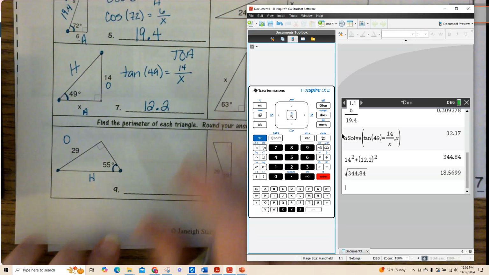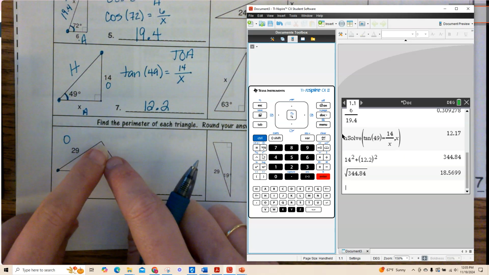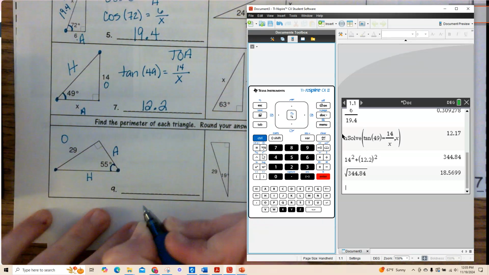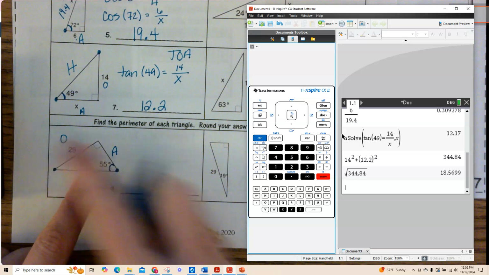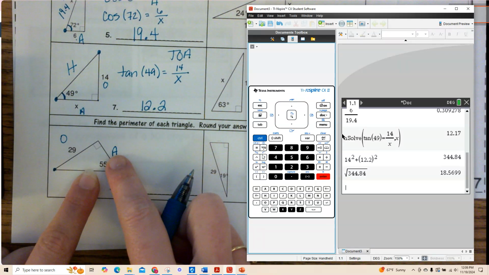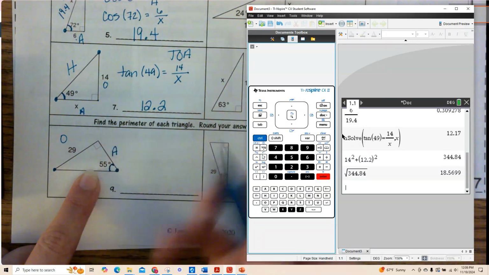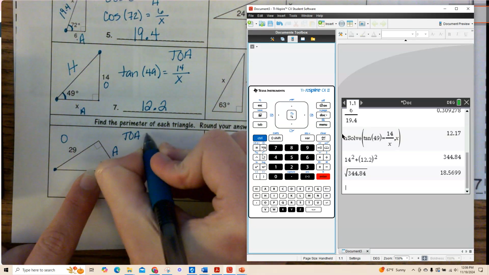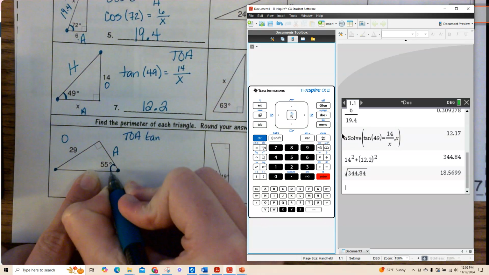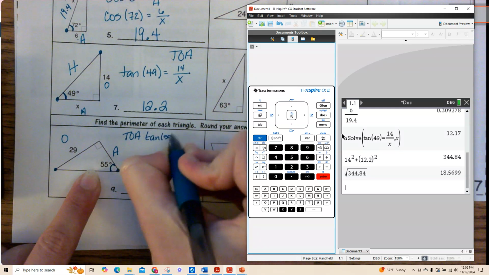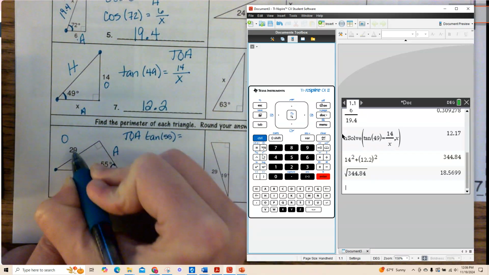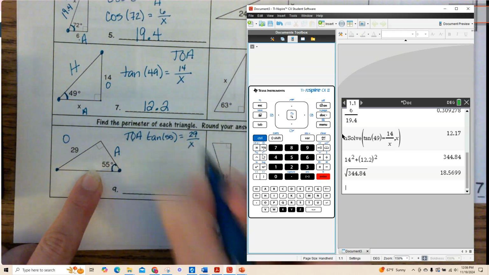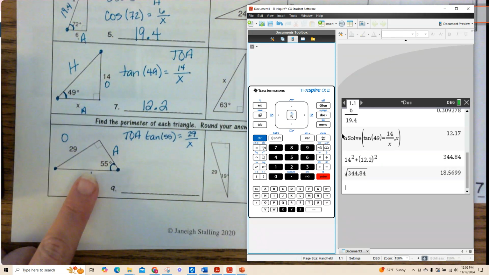Okay? So let's use the trig ratios since that's kind of what we're doing. All right, if I know the opposite side and I'm looking for the adjacent side, O and an A, that's TOA. So the tangent of 55 is the opposite 29 over the adjacent. We'll just make it an X. Okay?